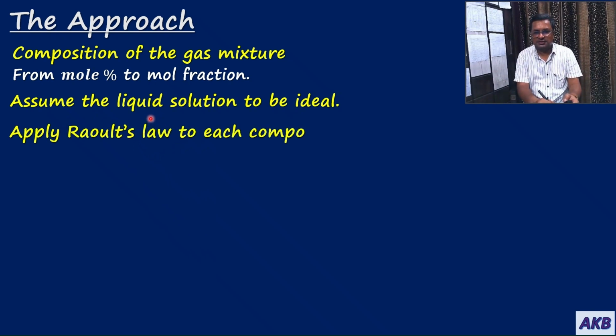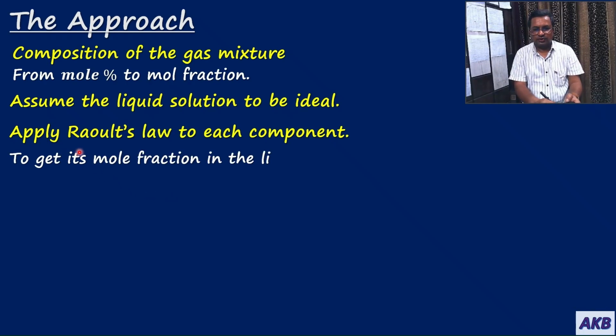Since for an ideal liquid solution you can apply Raoult's law, we will apply Raoult's law to each component to get its mole fraction in the liquid solution. So we have this simple approach for solving this simple numerical.